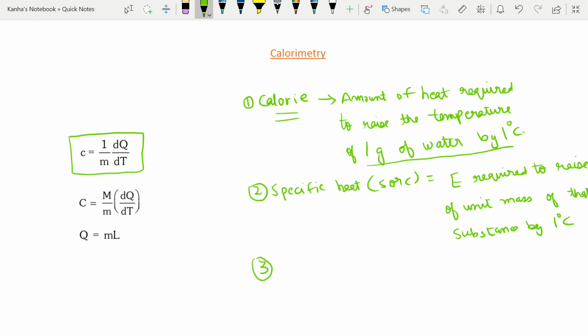Then you have something known as the molar heat capacity. It is the amount of energy needed to raise the temperature of 1 mole of a substance by 1 degree Celsius, denoted by a capital C at times.